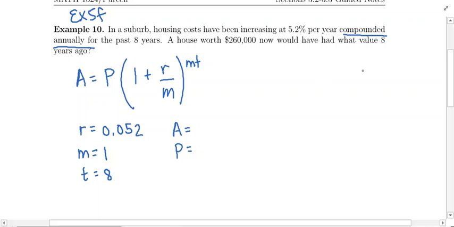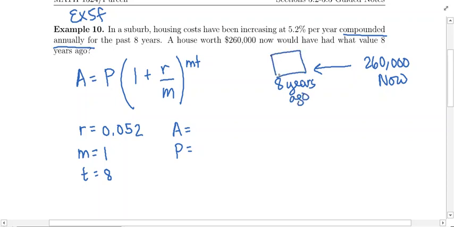Again, I shouldn't have erased that, but think about what I had up earlier. Right now, the house is worth $260,000. And then we're thinking back 8 years ago, where the house had some value.